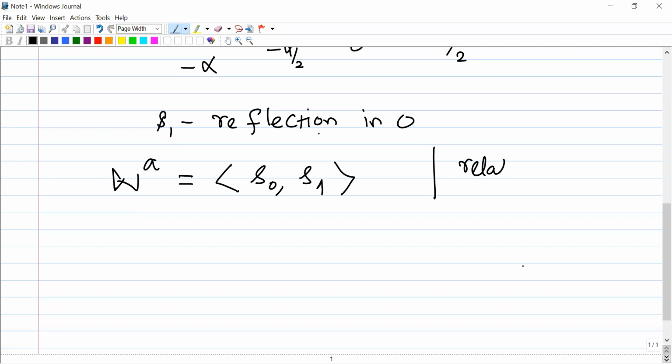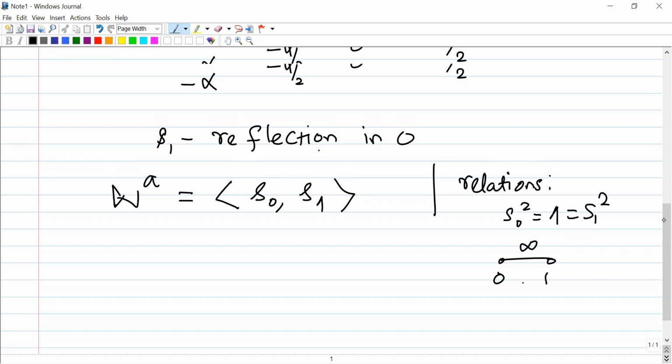Let me record it here: S naught square is 1 and S1 square is 1. There are no other relations, so there are no braid relations in this group. The corresponding Dynkin diagram will look like this: 0, 1, and the order of S naught S1 is infinite.